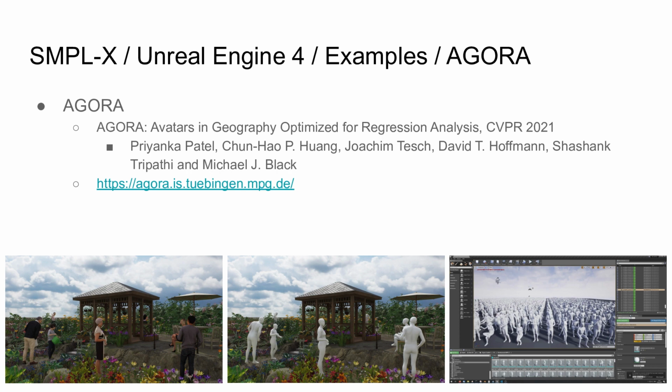We use a collection of over 4,000 commercially available high-quality textured human scans to render 5 to 15 people in each scene. We fitted our SMPLX body model with face and hands to all of these commercial scans and imported them in Unreal Engine, which you see at the bottom right.